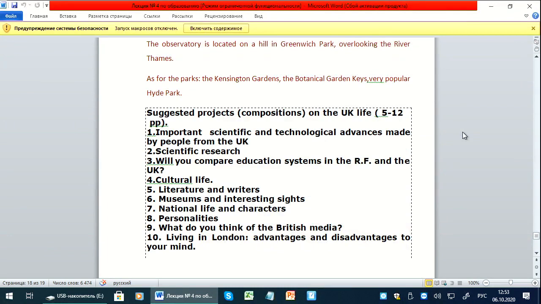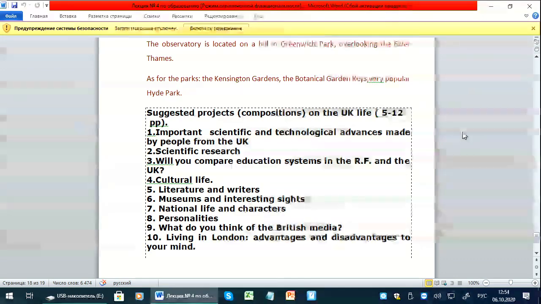I'm sure that very many of you read a lot of British writers, so you can write about literature on the whole, or about some of the writers you are interested in.